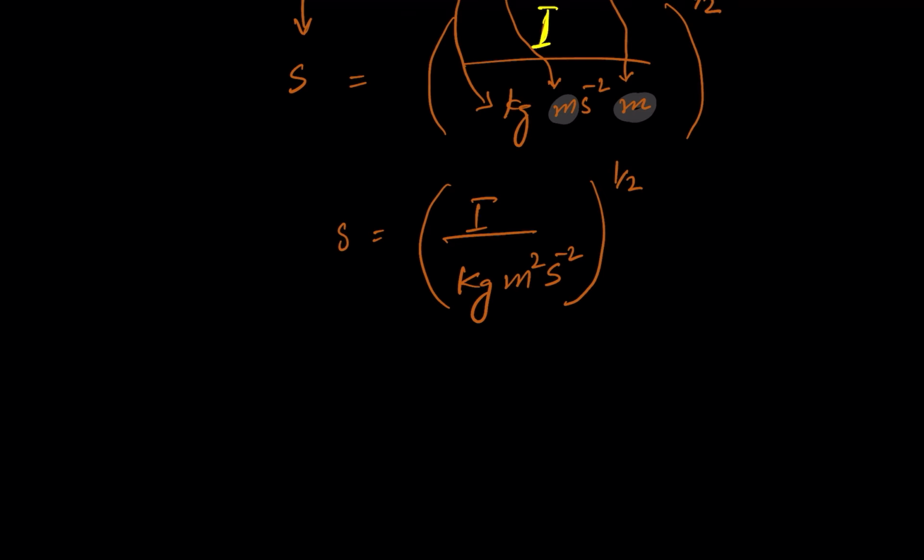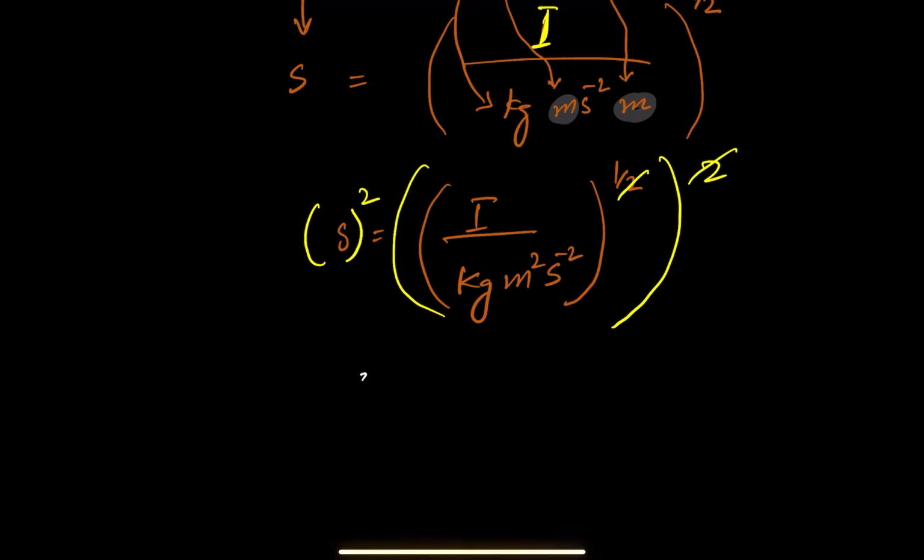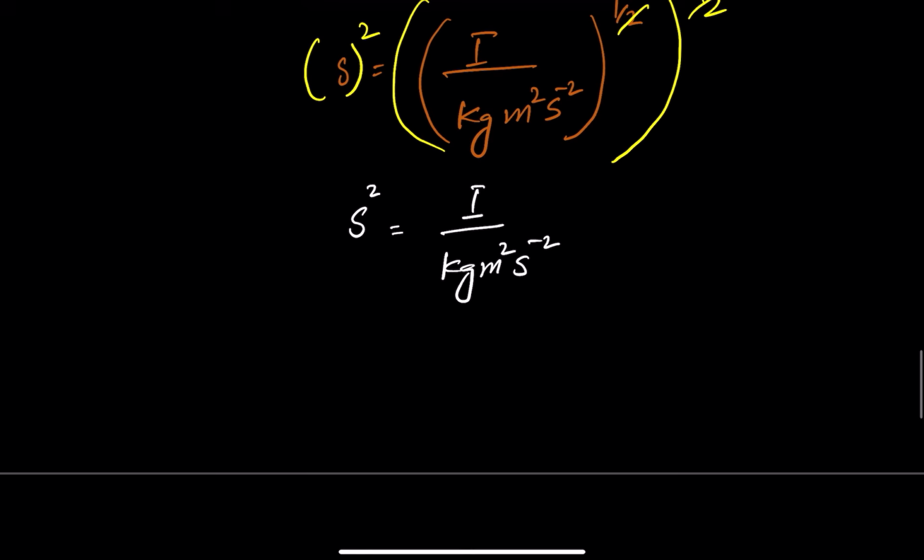What we can do is take the square on both sides. So if I take the square on both sides, this square will be cancelled out with the square root, so it will give you s^2 is equal to I over kg, meter square per second square. So this thing that is divided here will go there, and it will be multiplied.